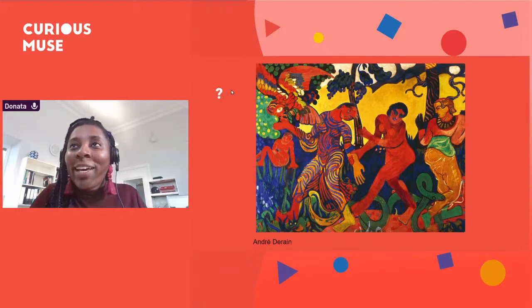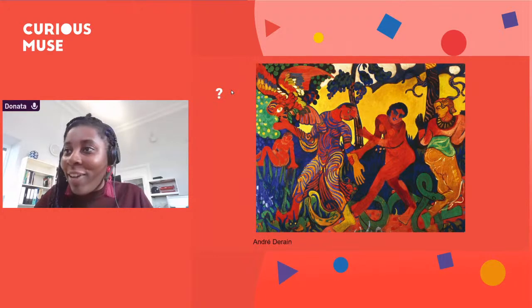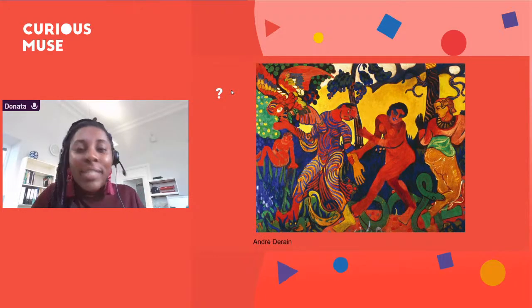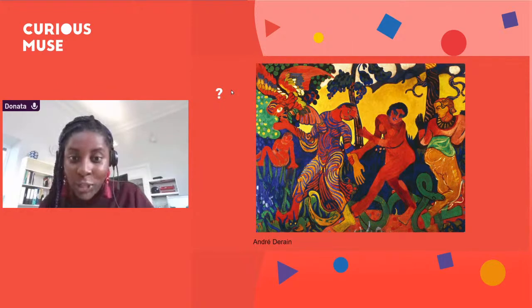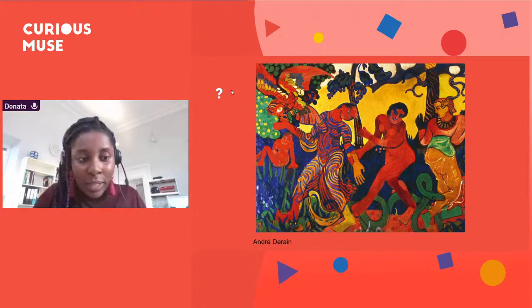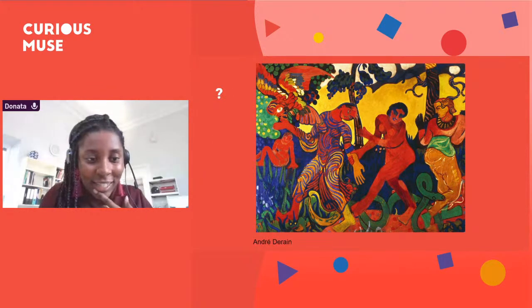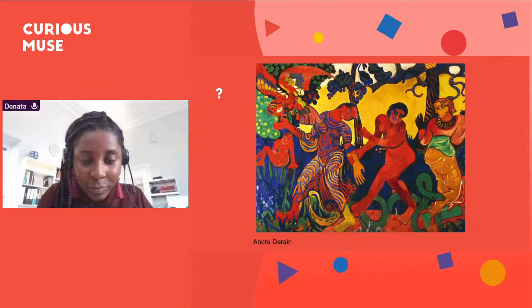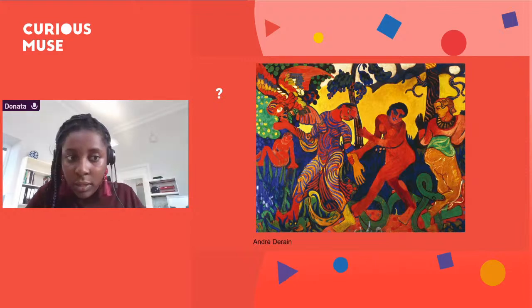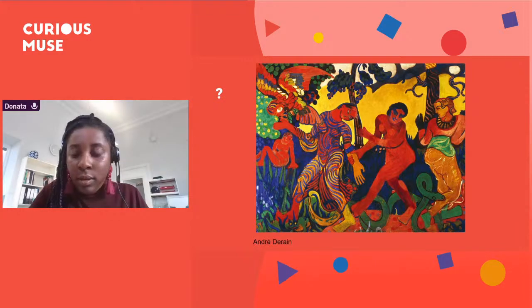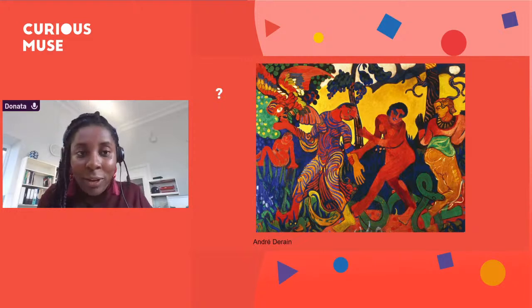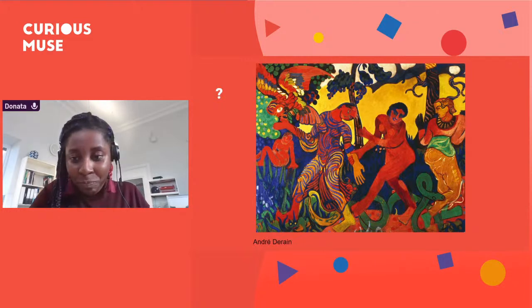And the work also of André Derain. So, does anyone know what this piece by André Derain is called? Can anyone hazard a guess? I'll leave a moment. So this piece is called The Dance by André Derain.